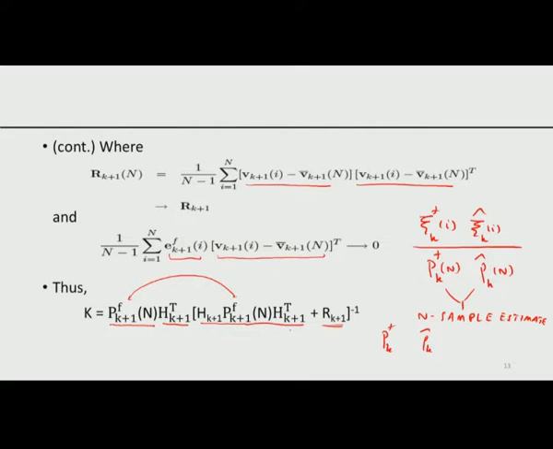Look at this now. I would like to talk about it a little bit further. R_k we are assuming is full rank. P^f_{k+1} is low rank. H_k we are assuming full rank.